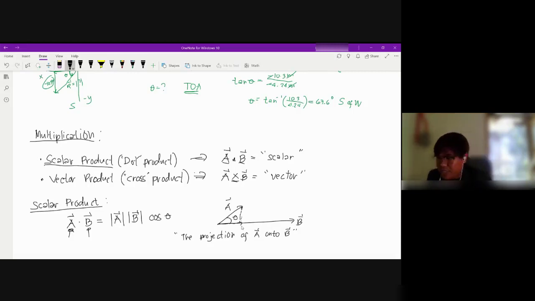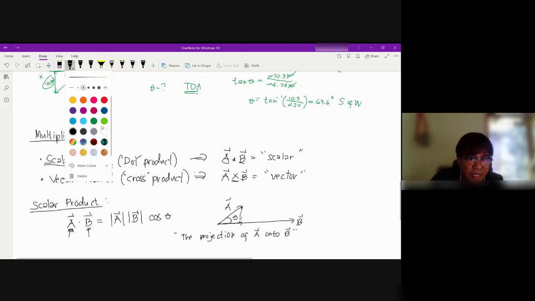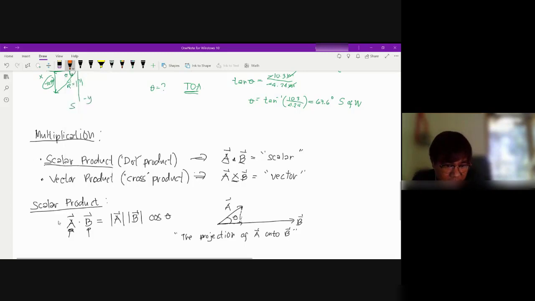Okay? So but then you have to take note that ang imuhang standard definition for scalar product is actually this. This is the physical interpretation.